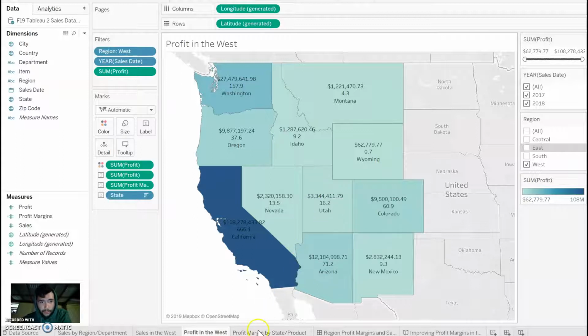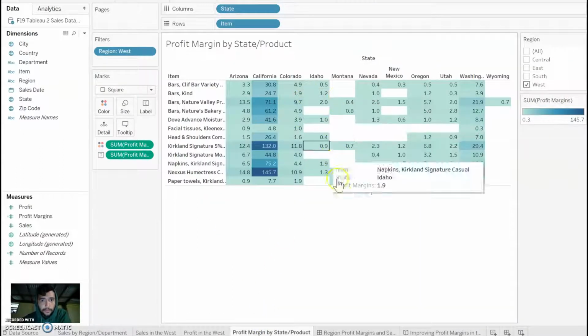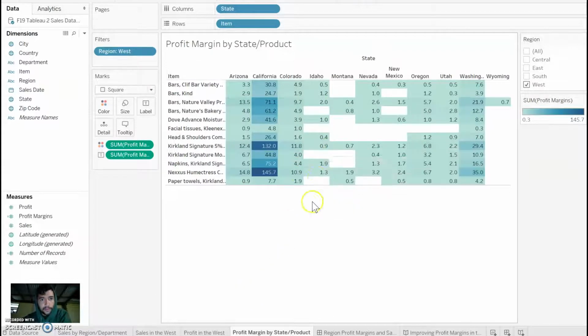From this sheet, I created this one, which breaks down the map a little further. It basically illustrates the different items and how much profit margin there was in each of those items per state.